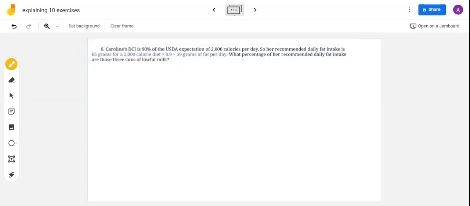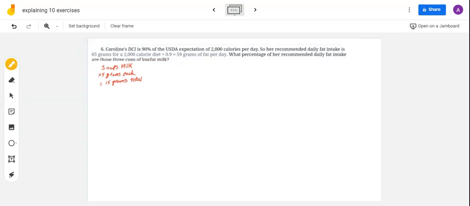So 3 cups milk, right? And there's 5 grams each. Five grams each. So that would equal 15 grams total, because you're wanting to times those.